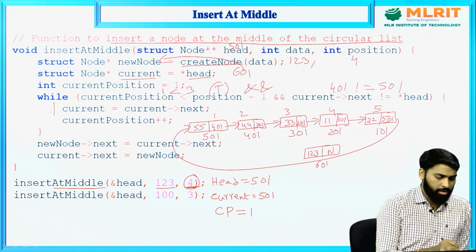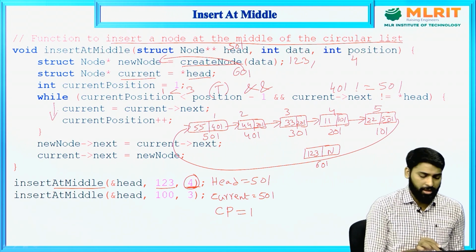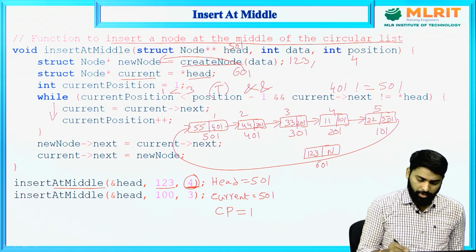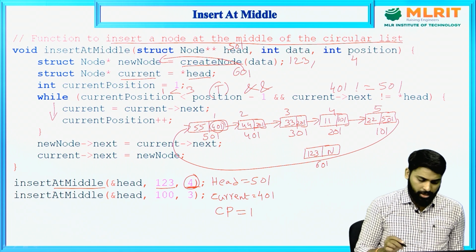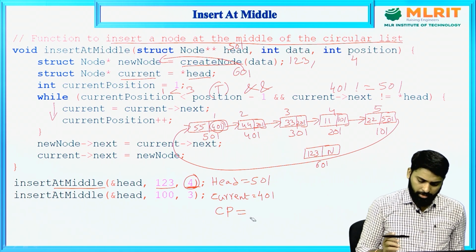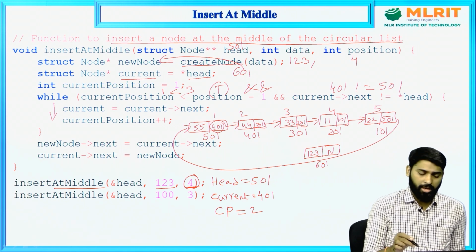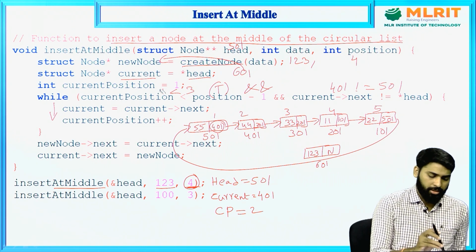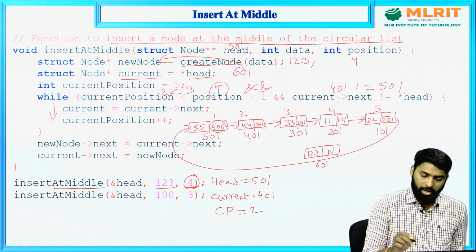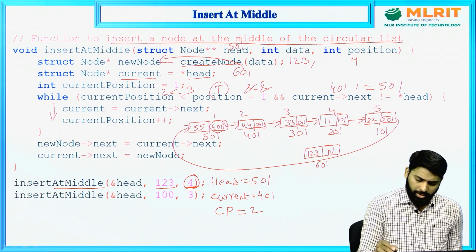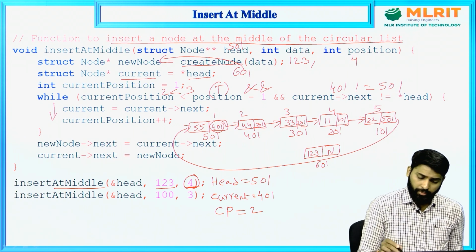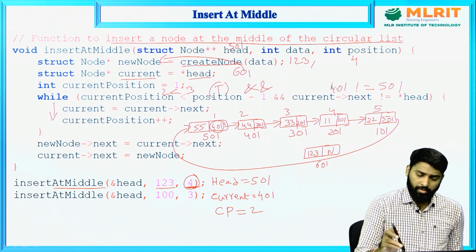So we enter into this loop and update the current. Current equals to current arrow next. 501 arrow next is 401. So current will be updated as 401 and current position is 2 now. Again we check the condition. 2 less than 3 and current arrow next, 401 arrow next is 301, not equals to 501.